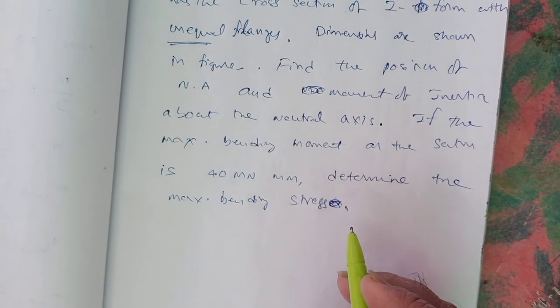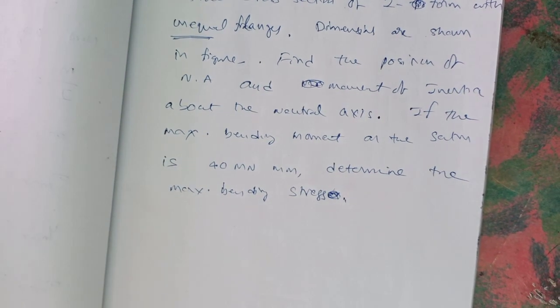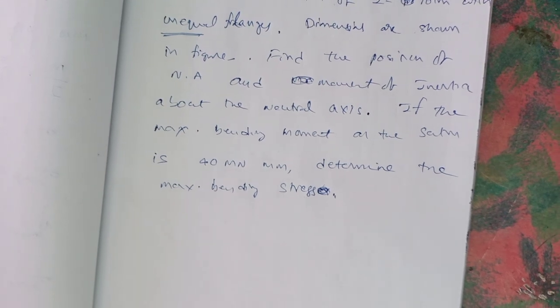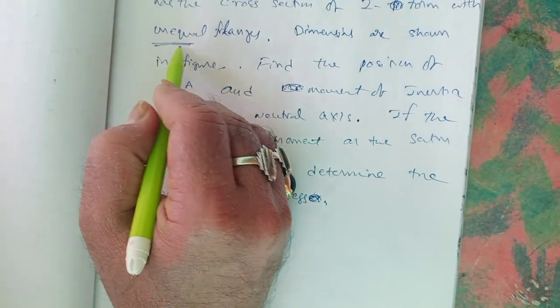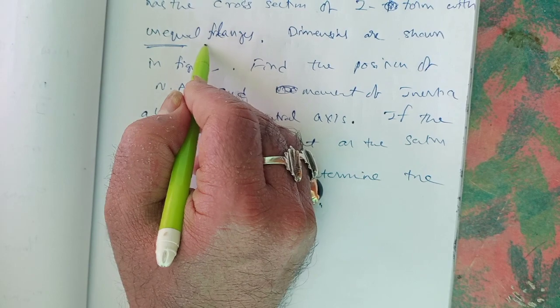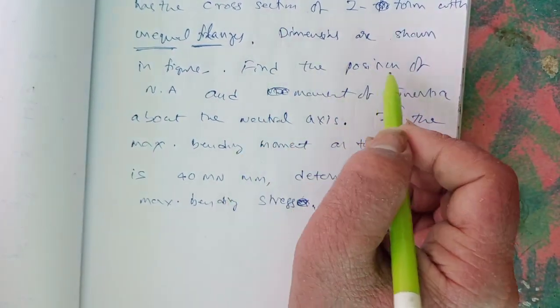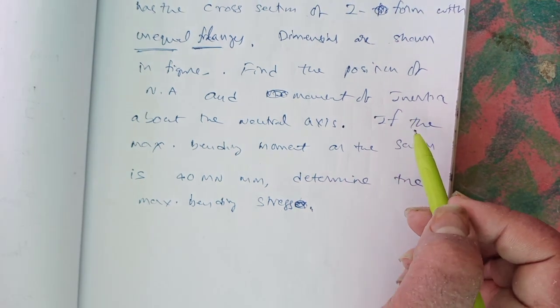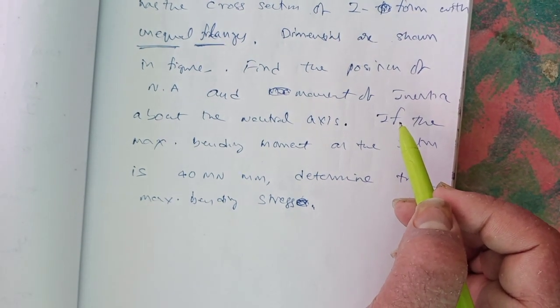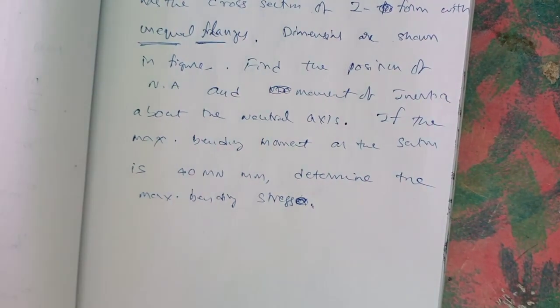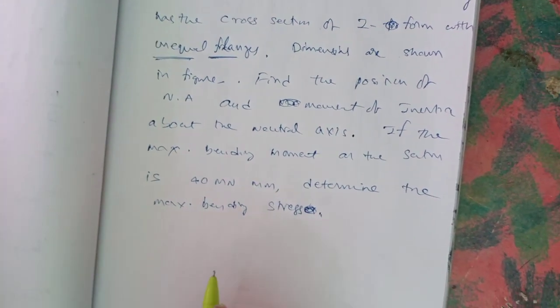Okay, so that is the problem given. We have to find the neutral axis, and since it has unequal flanges, it is an unsymmetrical section. We have to find the neutral axis, moment of inertia, and the maximum bending stress.